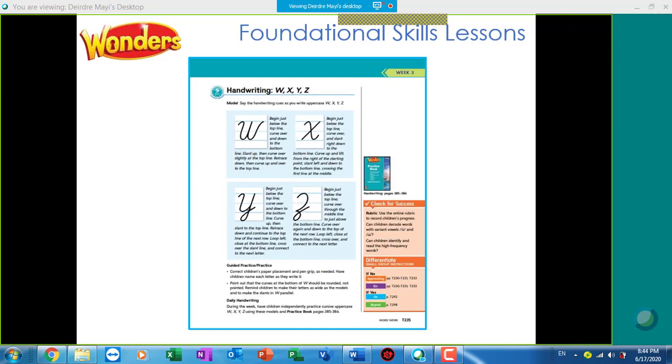Your answer will be either yes or no. Can children identify and read the high-frequency words? Of course, your answer will be either yes or no. Now, watch what this check for success does for us. So let's say my answer is no. I have students who are really struggling with these skills, but the no has nothing to do with language.